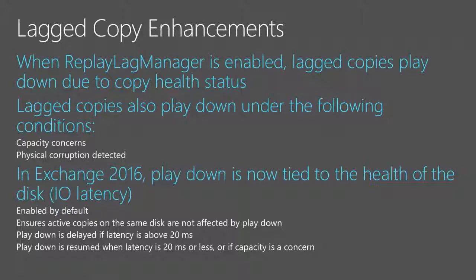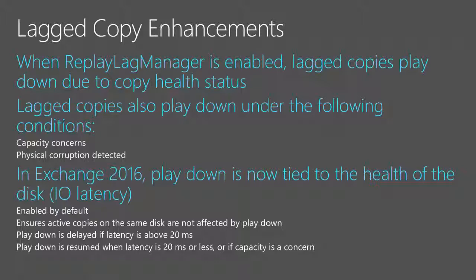So say, for instance, one of the databases is running out of disk space on the database or log volume. When that happens, that will forcibly dismount that database, but it will also cause the buildup of logs on the other database copies because of the laws of log truncation. So now if we detect that there's a capacity concern, again, that lag copy will be played up to date and turned into what we call a healthy, viable, or a highly available passive copy.